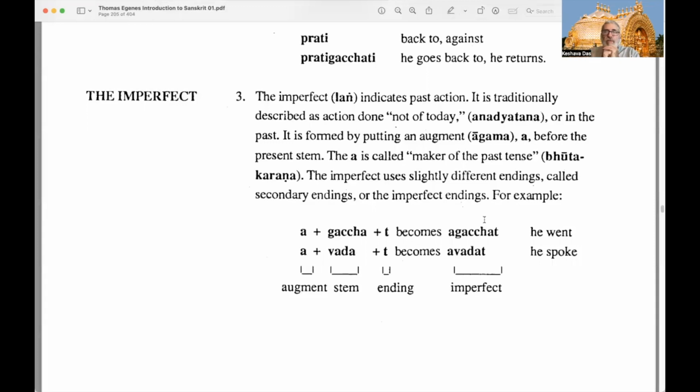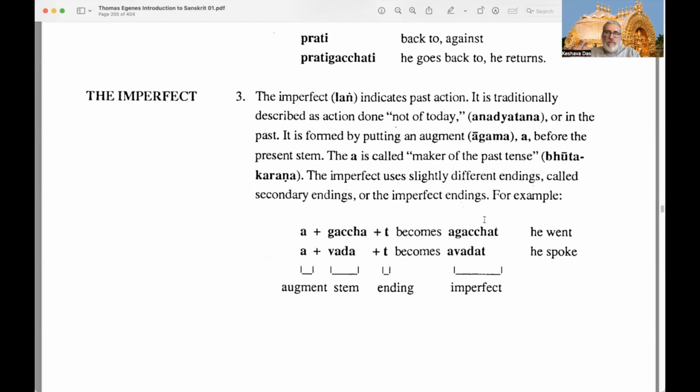Now we're going to talk about a new tense. Up until now, except for that participle of having done, having chanted, having gone with tva, we haven't talked about anything but the simple present tense. Now we're going to talk about the imperfect, which is a past tense. The term Panini uses for the imperfect is lung.